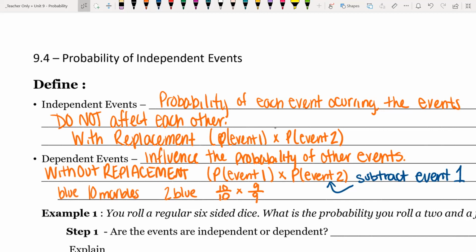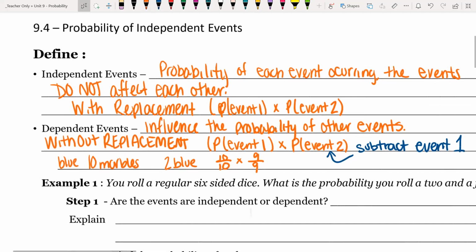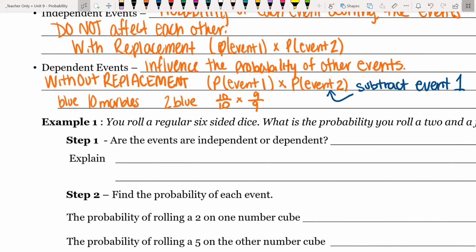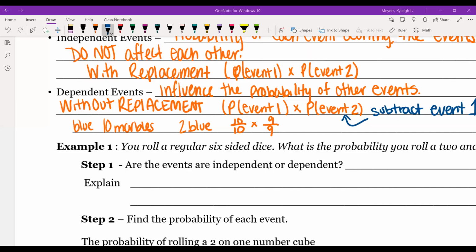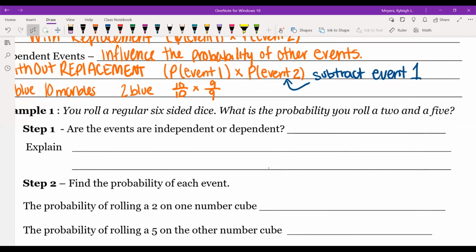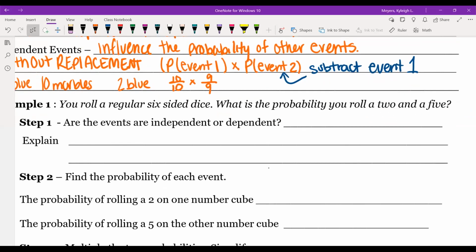For these first couple problems, you're going to want to start by figuring out, is it independent or is it dependent? Okay, so read that problem for me real quick. All right, so we roll a regular 6-sided dice. What's the probability of a roll of 2 and a 5? Well, first we have to figure out, again, are they independent or dependent? Does my first roll affect my second roll?